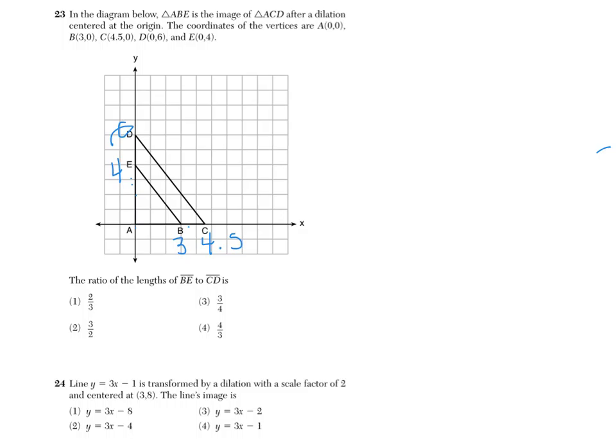So if we take 4 over 6, and we set that equal to 3 over 4.5, each one of these reduces to 2/3. So the ratio of the lengths is 2/3. Choice 1.